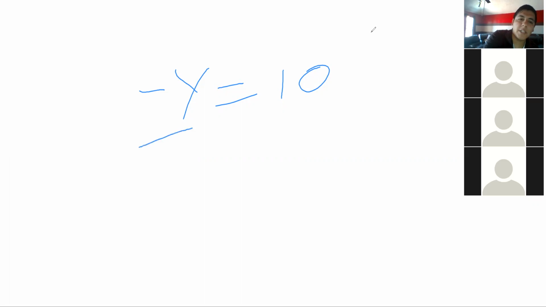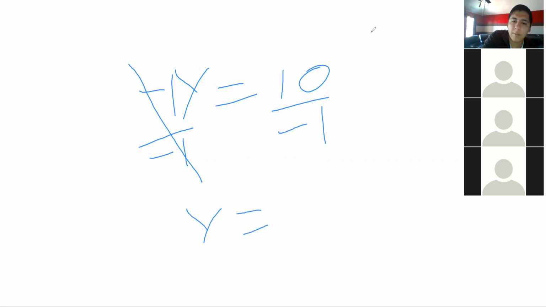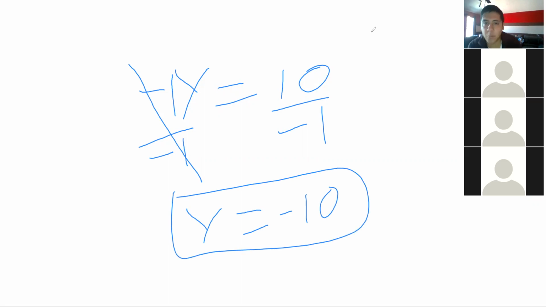So in this situation, we would have to divide both sides by -1, right? Because remember, in front of that y, there is a 1. So we want to make sure that that cancels out, turns positive. So we have 1y, and that would become -10. So that's why it becomes important, right? You need to make sure that if you still have a negative, that's not the solution.